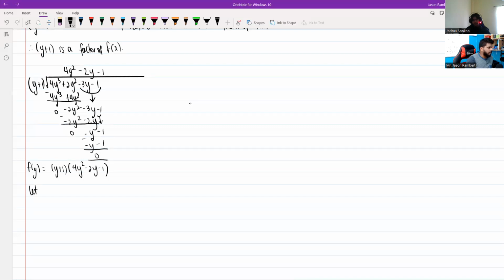So we're going to let y plus 1 times 4y squared minus 2y minus 1 equal 0. Okay, y is minus 1, or 4y squared minus 2y minus 1 is equal to 0.